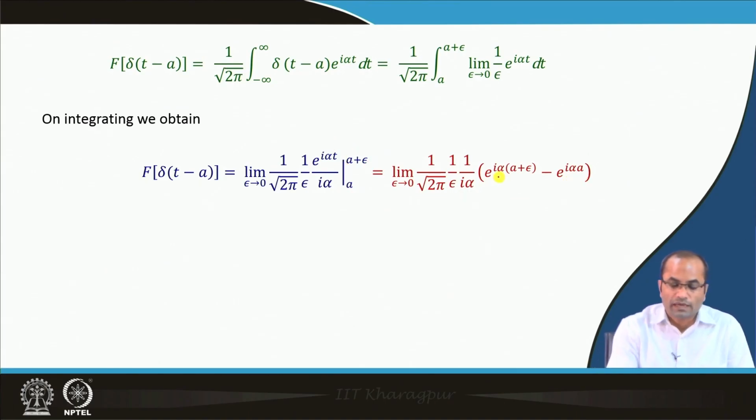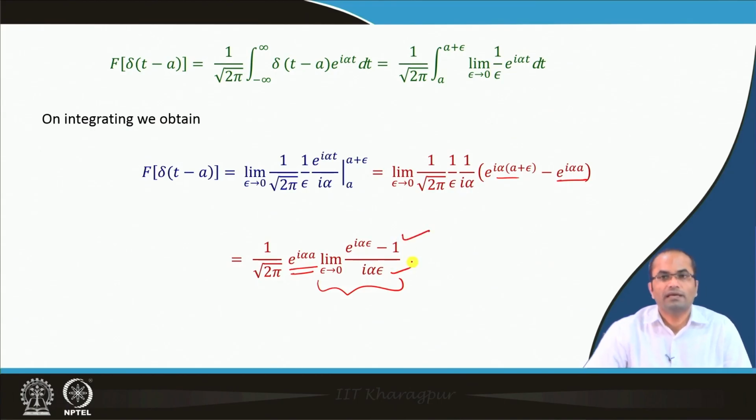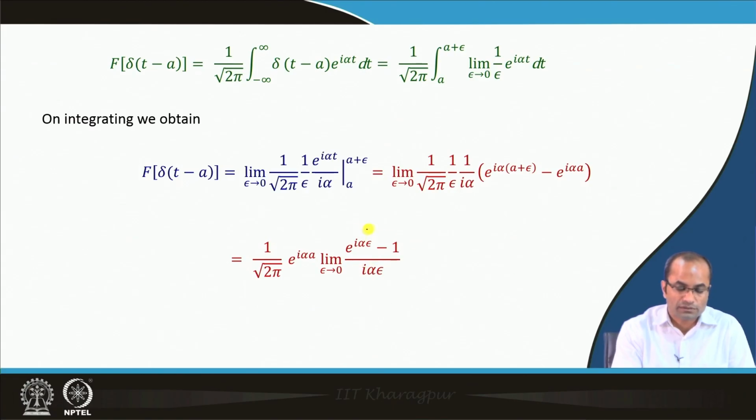So, now e power I alpha a is common at both the places. So, we can bring this out, e power I alpha a, and then we need to compute this limit as epsilon goes to 0, e power I alpha epsilon minus 1 divided by I alpha epsilon. And now, in this case, this is going to 1 minus 1, and then so that is 0.